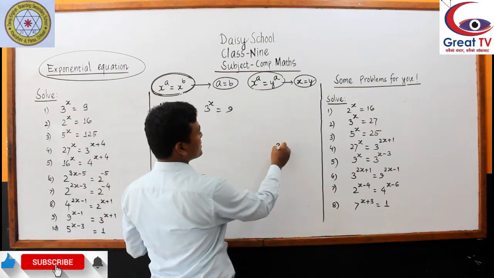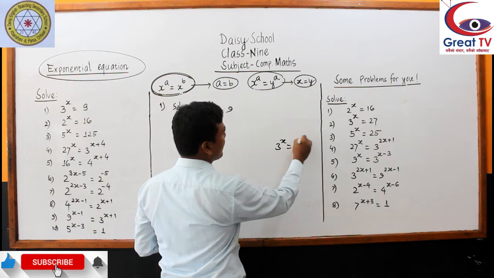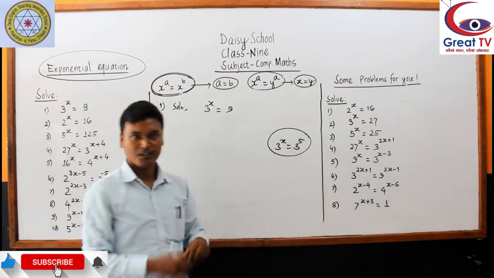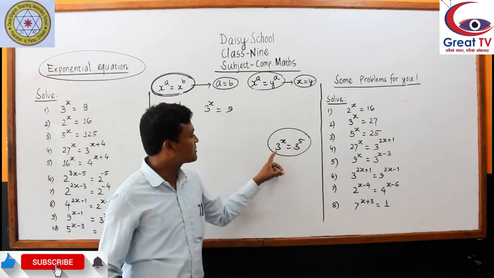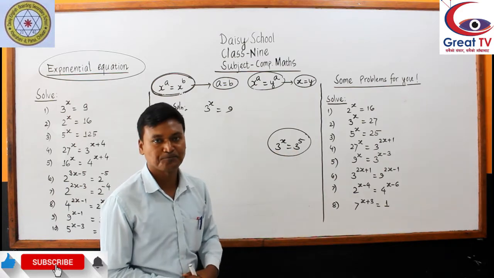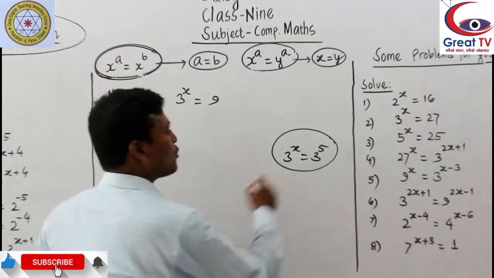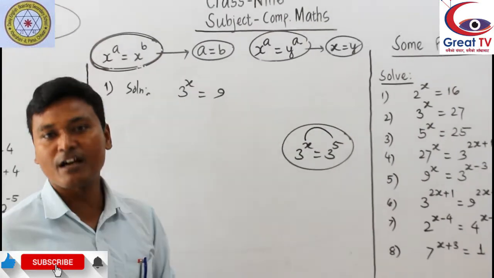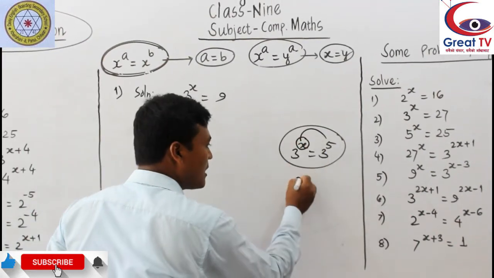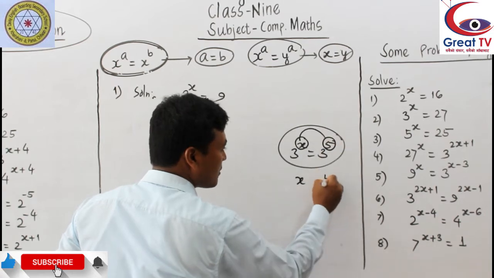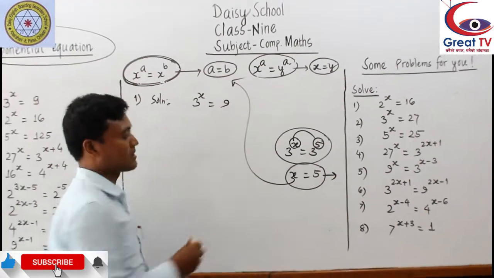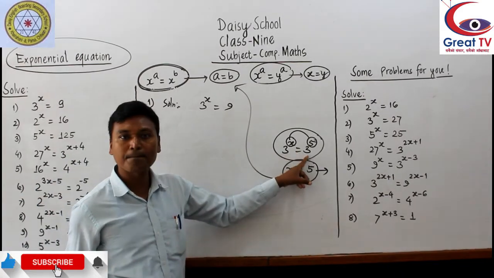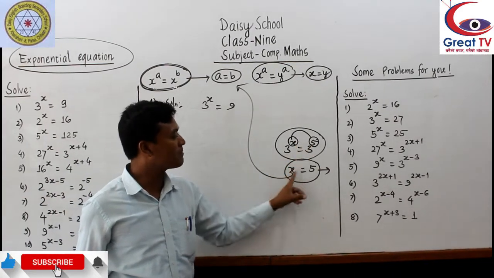Take 3 to the power x equals 3 to the power 5. 3 is the base on the left side, 3 is the base on the right side. The bases are same. Then what is the relation between x and 5? They are equal. x is the power on the left side and 5 is the power on the right side. These two are also equal using this concept. It means if the bases are same, the powers are always equal.